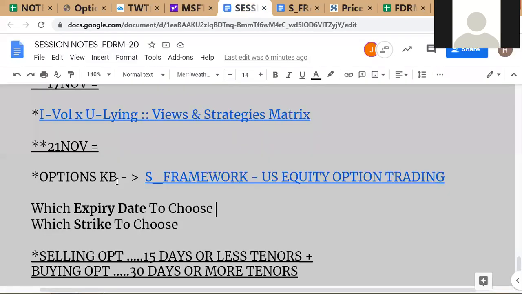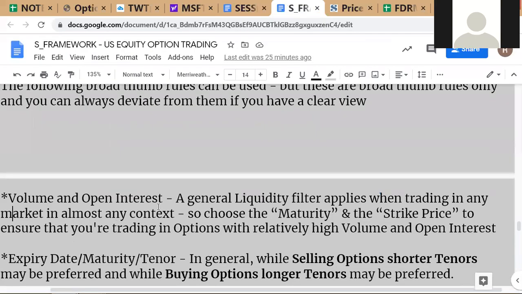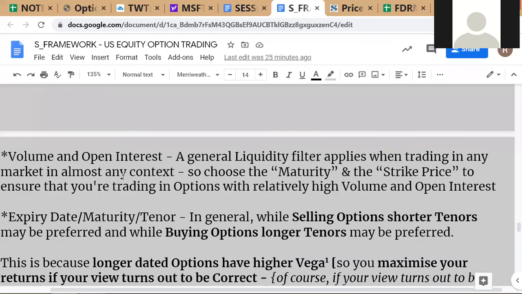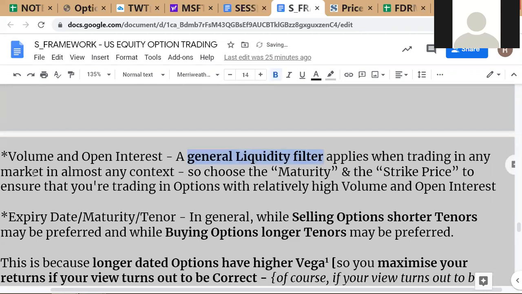In choosing strike and expiry, and now we are discussing more specifically just strike, we want to have a general liquidity filter, and we are using volume and open interest as indicators of liquidity. Open interest is the number of outstanding contracts, but you take it as higher open interest is better and lower open interest is bad, same as volume.